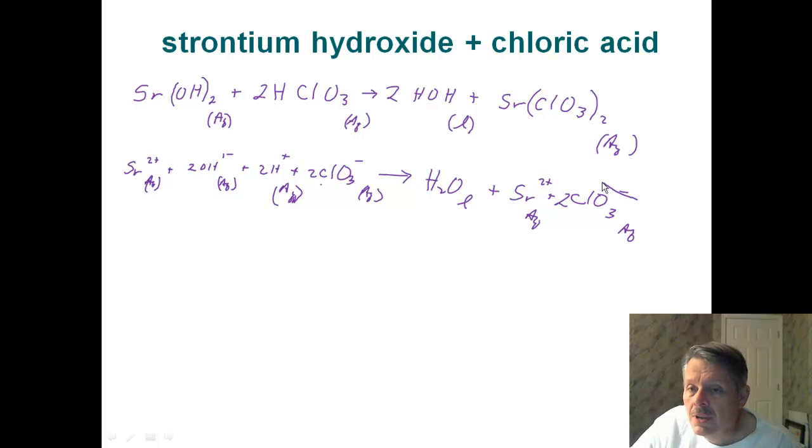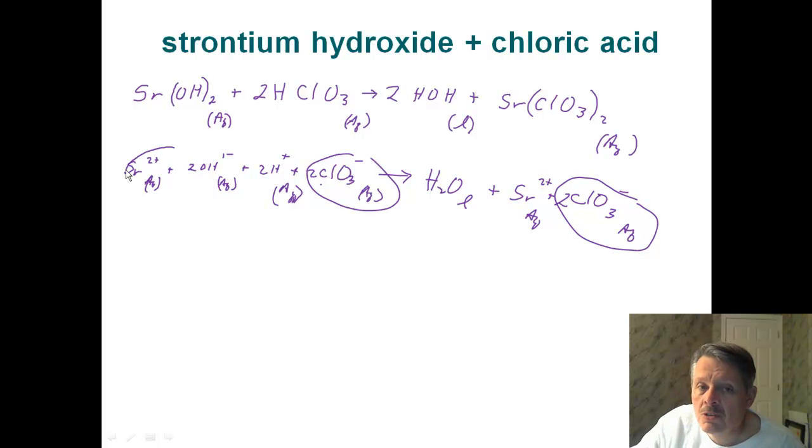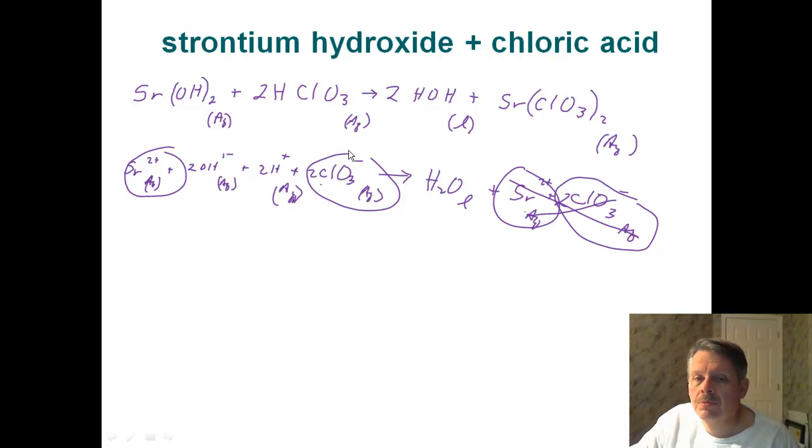All right, so if I start with my chlorate is aqueous, my strontium is aqueous, so those guys haven't changed. So we're essentially going to cross them out, and we're going to be left with 2OH plus 2H plus.